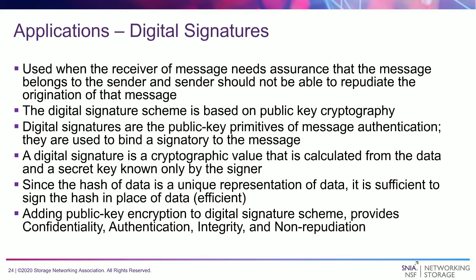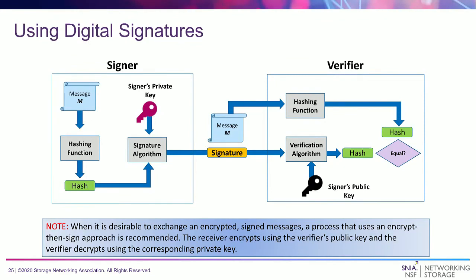All right, so the next piece is the one that gets kind of fun. This is where basically digital signatures come in, and I'm going to go to the pictorial version of this. So here is an instance where you need to actually have an assurance that the message that you're receiving came from a particular sender. And you want that so that they can't say, I didn't do that. And so this is typically done using some form of digital signatures and using public key primitives for message authentication.